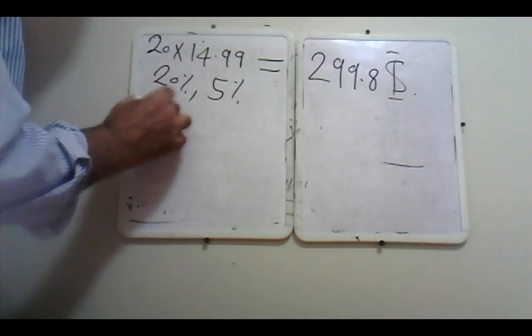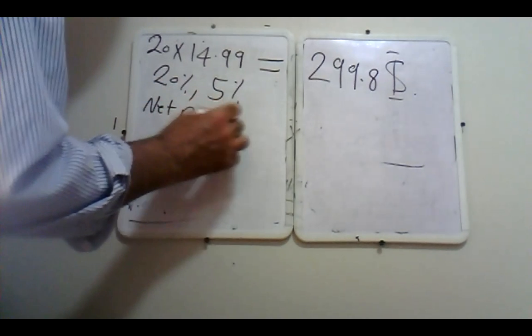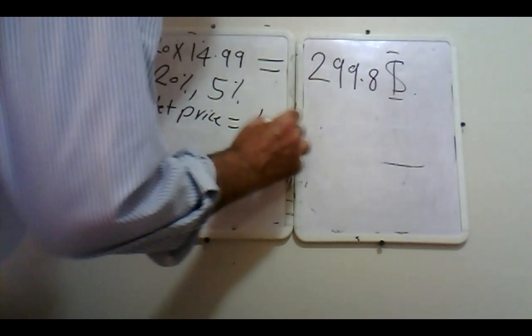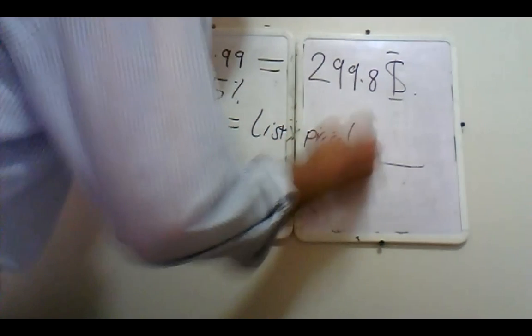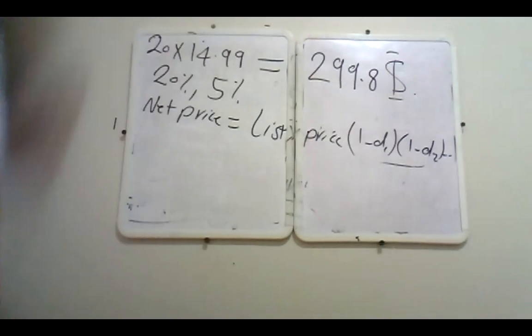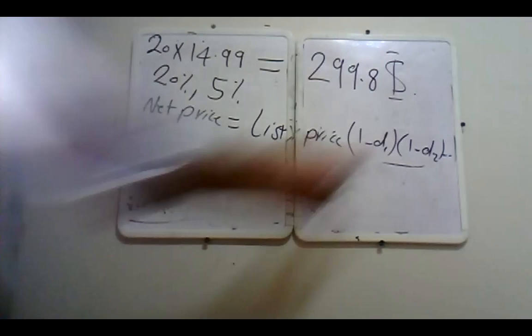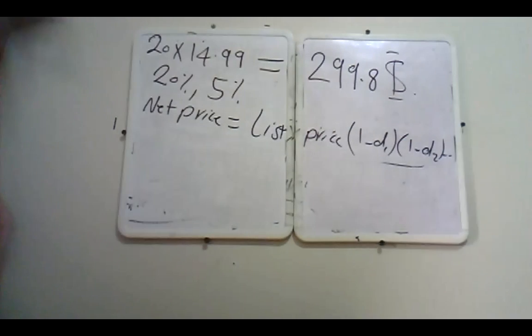The solution here is that the net price equals the list price multiplied by 1 minus D1 multiplied by 1 minus D2, etc. So I have two discounts, D1 and D2. D1 is 20% and D2 is 5%.